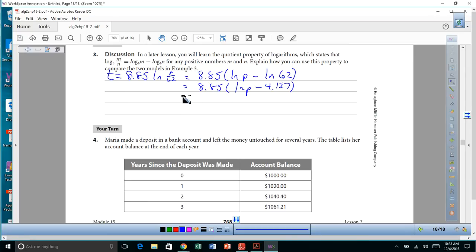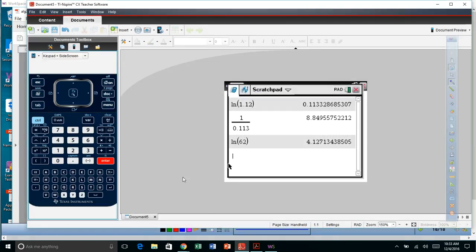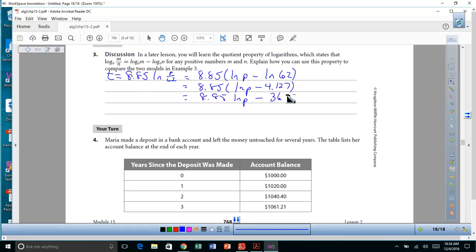So we got 8.85 natural log of p minus 8.85 times 4.127. That's 36.5, and we could just say 36.6. And it's no longer equals, it's now an approximation. We did a little rounding. Okay. All right.